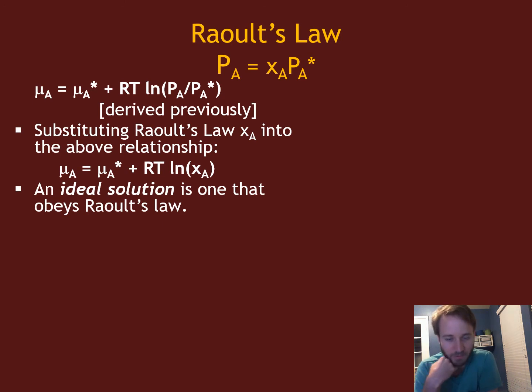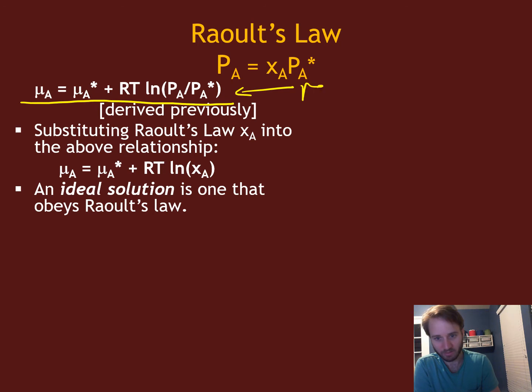So this equation here is for any solution. This is a real solution. It's assuming ideal gases, but in the solution phase, it's assuming nothing. So this is for any type of mixture of liquids, real, ideal, however.